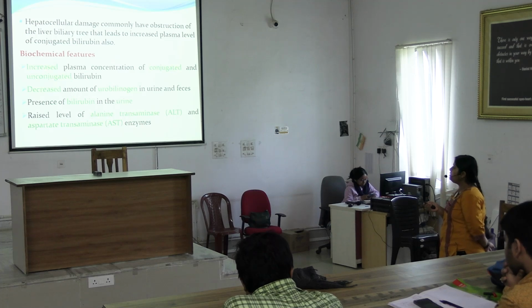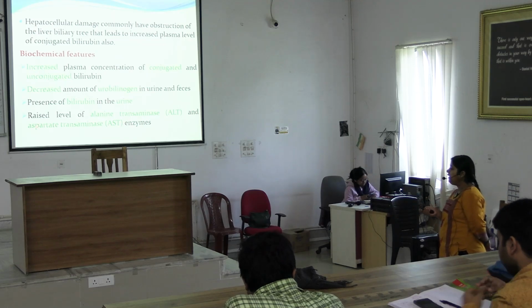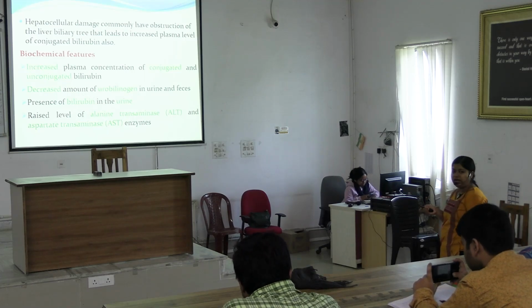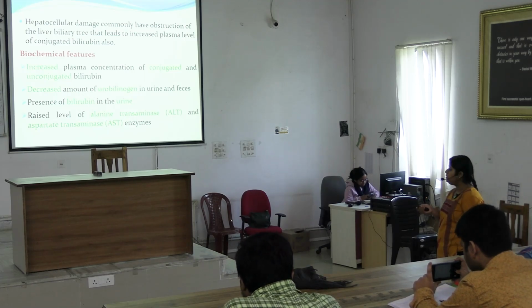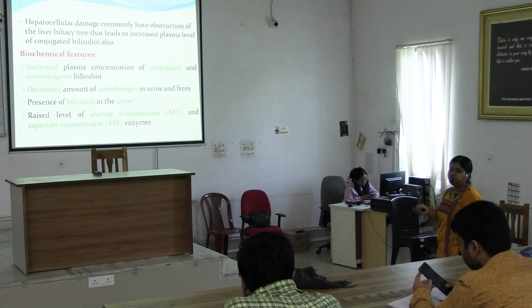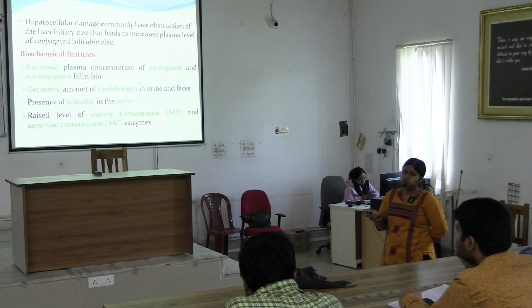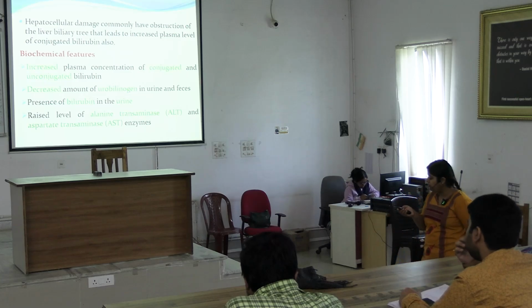Increased concentration of both conjugated and unconjugated bilirubin, decreased amount of urobilinogen in urine and feces, presence of bilirubin in urine, and raised levels of ALT and AST. This is very important to identify whether it is hepatic jaundice or not. LFT: raised levels of liver enzymes will show that this is a hepatic type of jaundice.